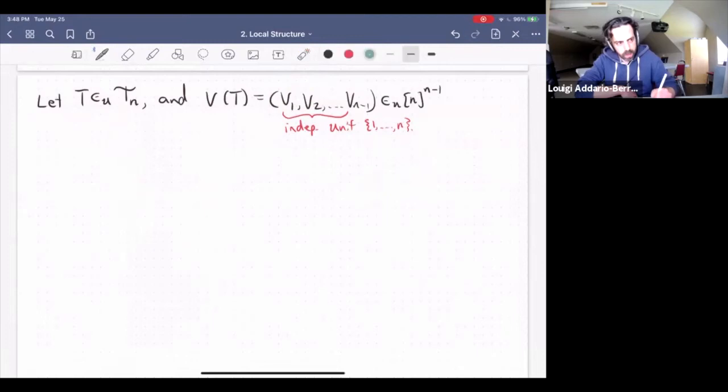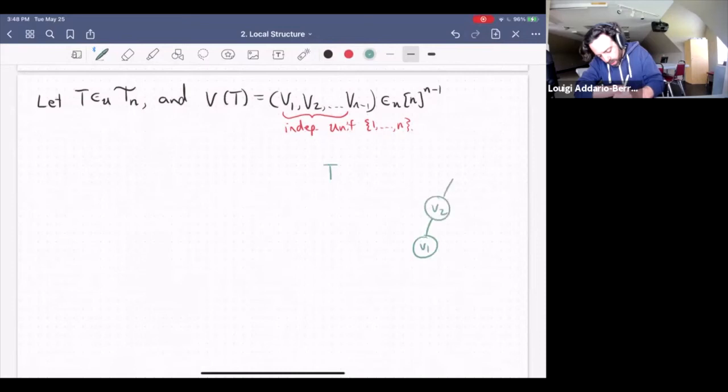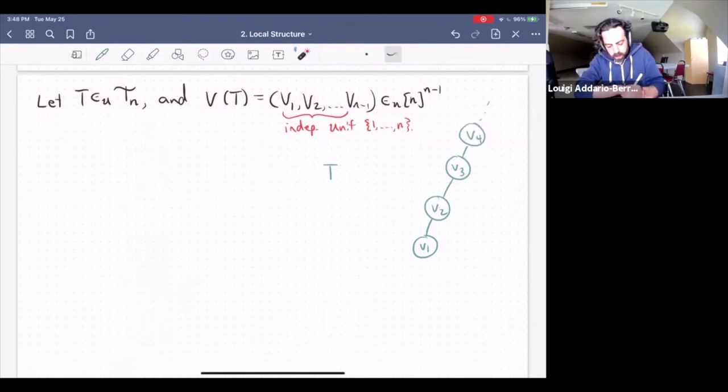So let me give those names. I'm going to draw the tree T like this. Here's v1, here's v2, here's v3, here's v4, and so on. With high probability these are distinct when n is large because they're uniform samples. The probability of seeing two that are the same within a bounded number of steps is quite unlikely.